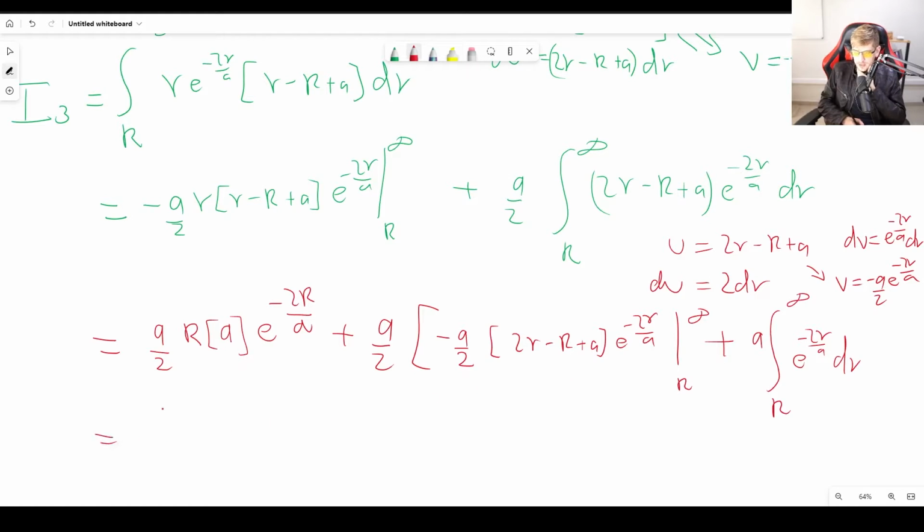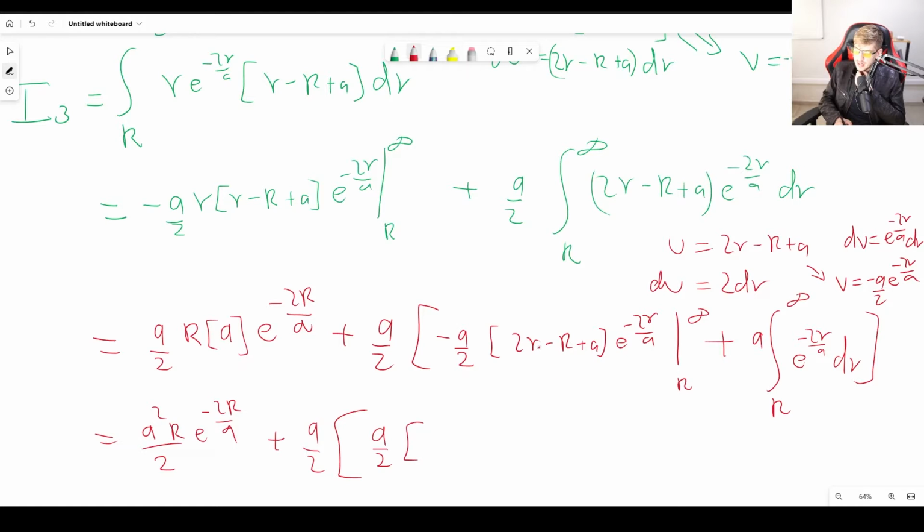Okay, so now let's simplify this first part. We get a squared r over 2 e to the minus 2r over a. And then we have, oh, I missed the parentheses. We have a over 2 times. And now we have this thing evaluated at infinity, which is 0 again. So we are only left with the R part. This minus turns into a plus, and we get a over 2.